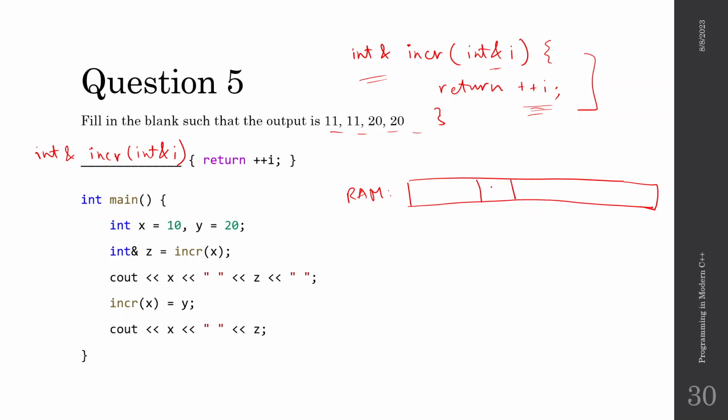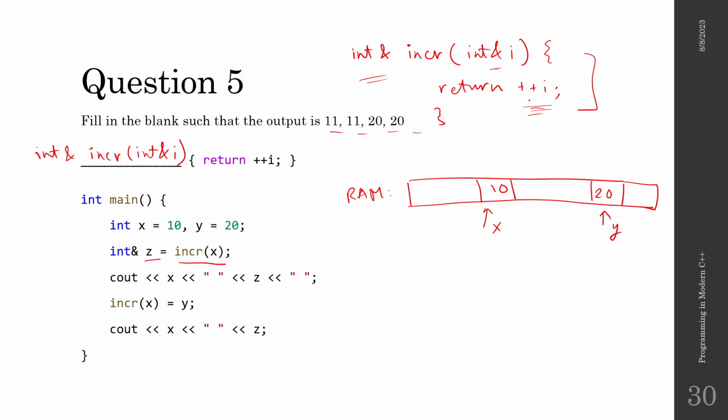So now we have 10 here and 20 here, and this is x and this is y. Now when we write increment x, this passes a reference of x into the function, and it is incremented, and then the reference is returned back. And the reference is assigned to z.